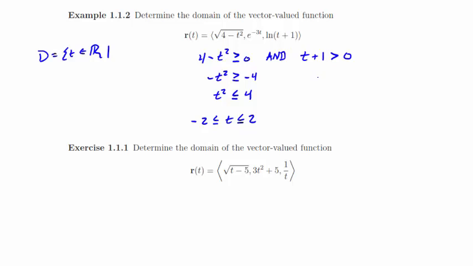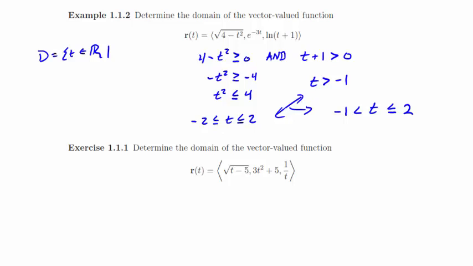Over here, we just bring the 1 over to the other side. T is greater than negative 1. We need both of these. So if I combine these two ideas to look at a single interval, t has to be greater than negative 1 and has to be less than or equal to 2.